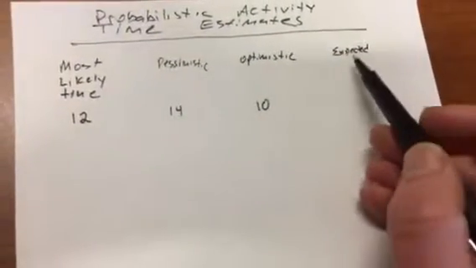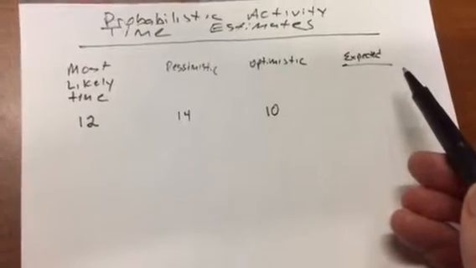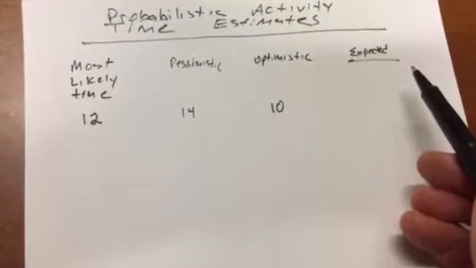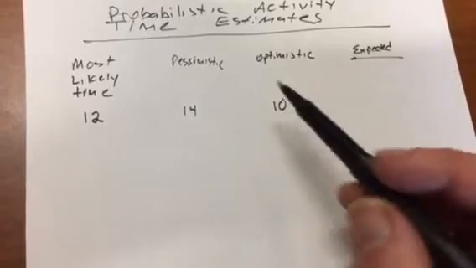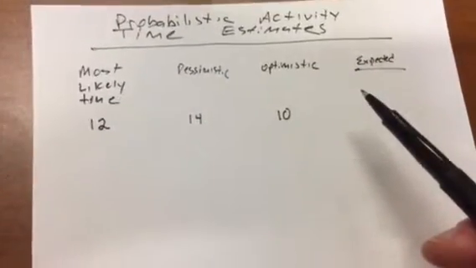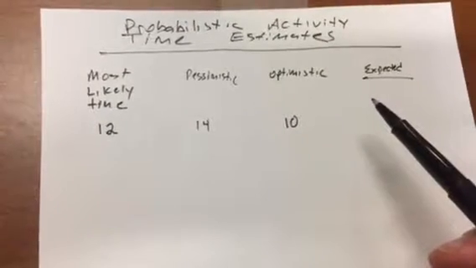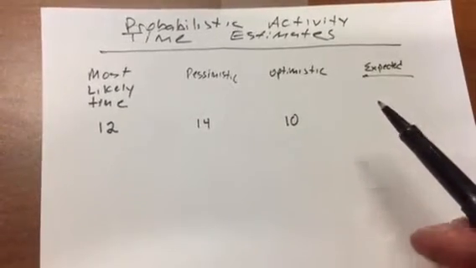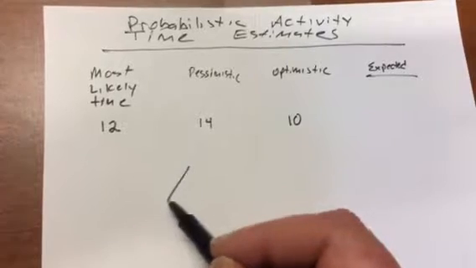So then the question is, what's the expected activity time? You probably look at this and say, well, the most likely time is 12, so the expected time should be 12. In this case you would actually be correct because the distribution is symmetrical.